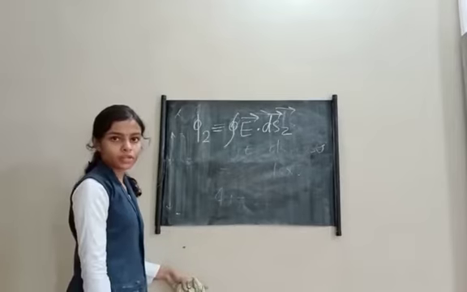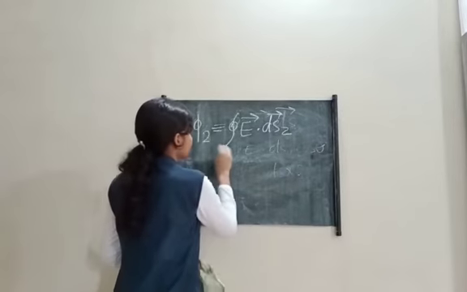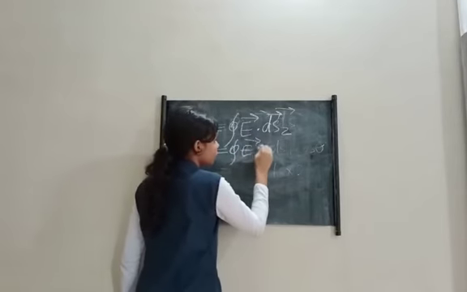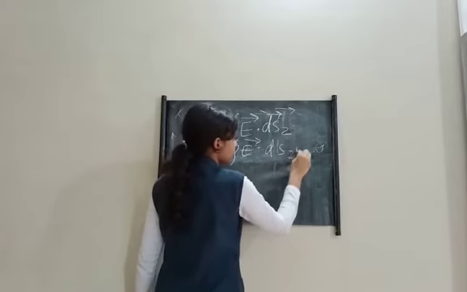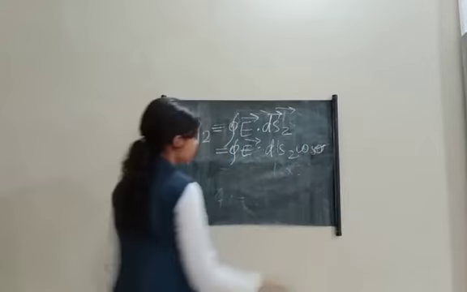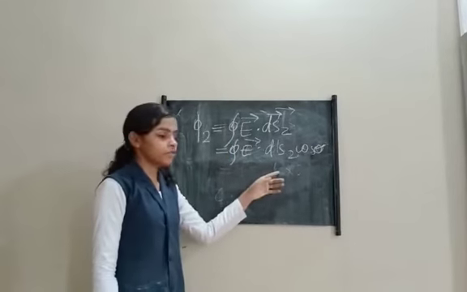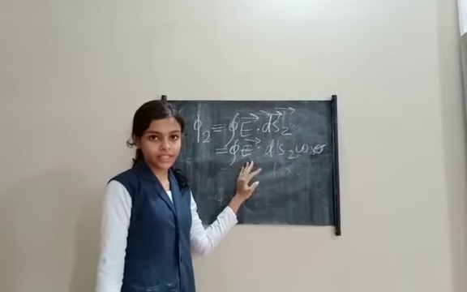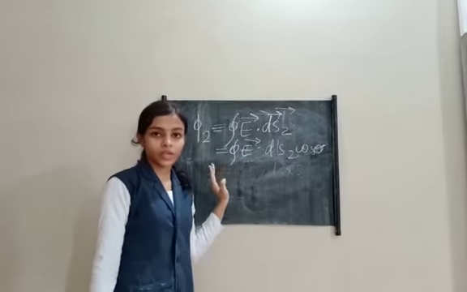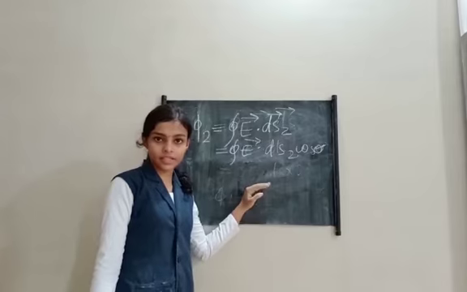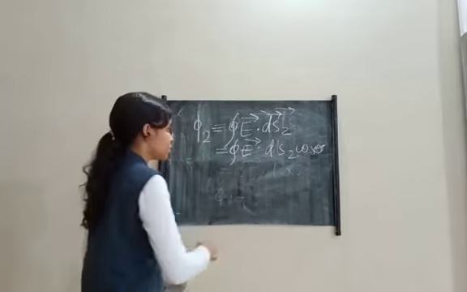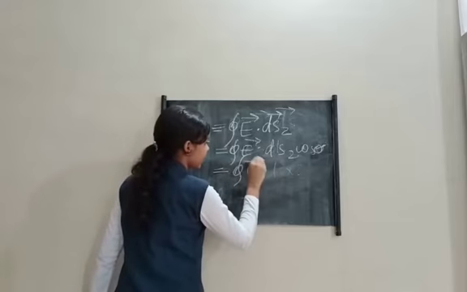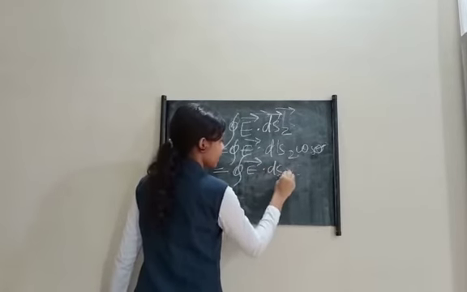In the dot product form, we can write this as closed integral E ds2 cos theta. Here we must substitute the value of theta. Here the value of theta is 0 degrees. We know that the value of cos 0 is 1. So we will get the equation closed integral E ds2.